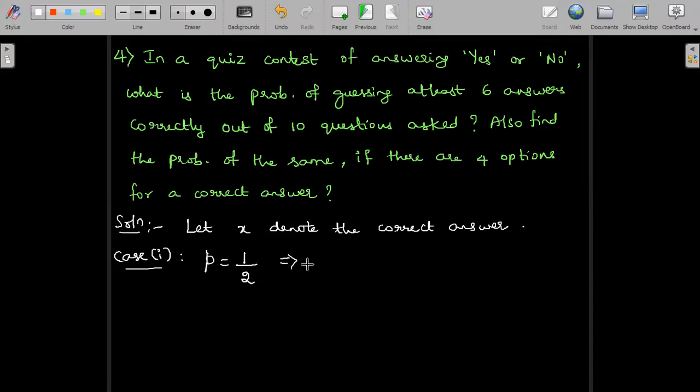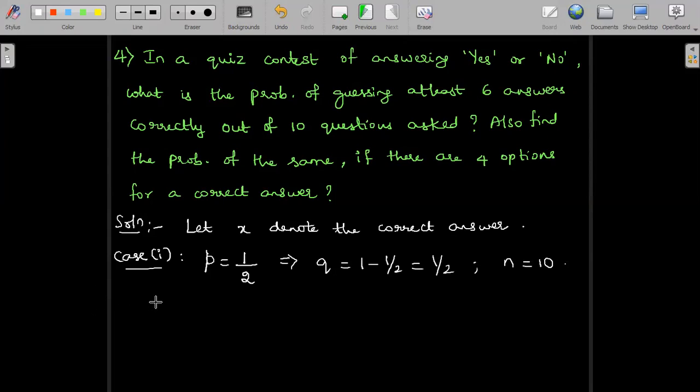So similarly, Q can be written as 1 minus P. So this is also equal to 1 by 2. And N is equal to 10 in this case. Of course, in the second case also the same thing. So let us substitute the values now.